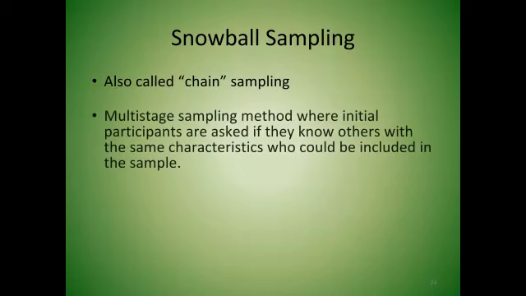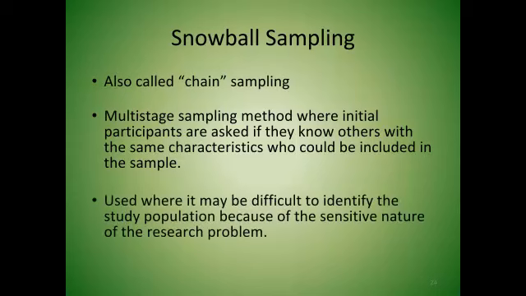Finally, snowball sampling. This is also sometimes called chain sampling, and it is a multi-stage sampling method in which initially contacted participants are asked if they know others with the same characteristics who would like to be included in the sample. And this method is especially useful when investigating a population that is difficult to identify because of the sensitive nature of the research problem.